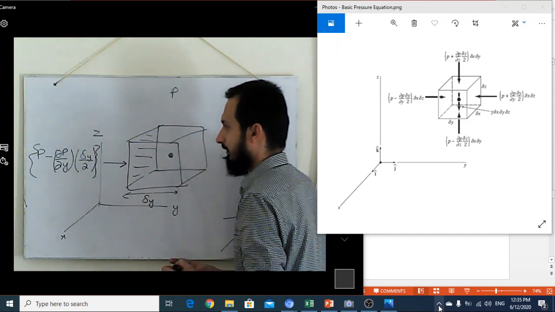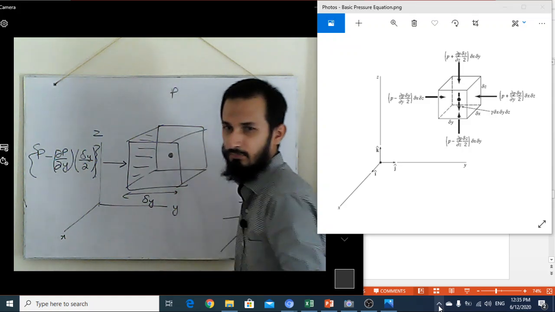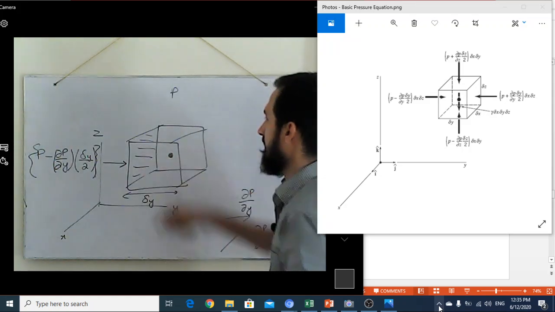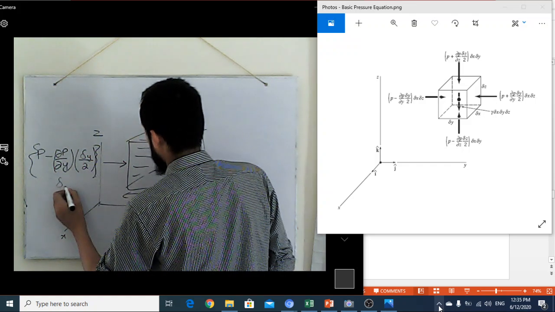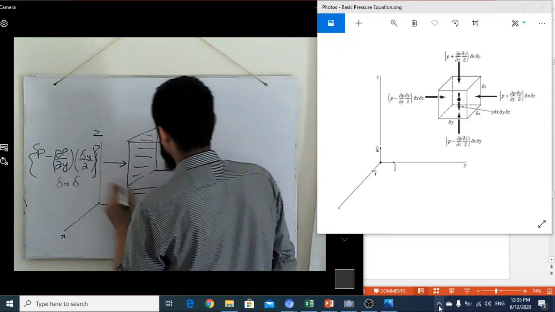And if we talk about the force, we have to multiply it with the dimensions as well, like delta x and delta z.